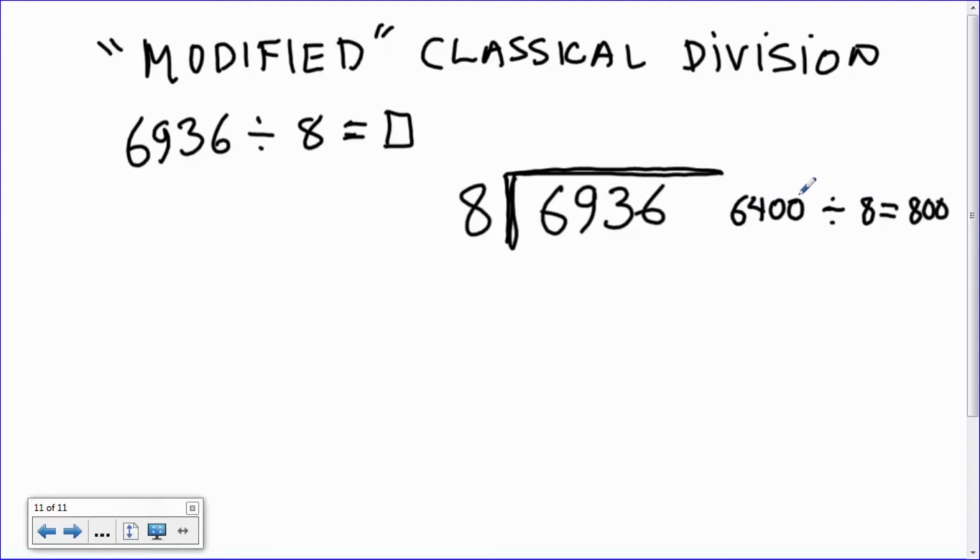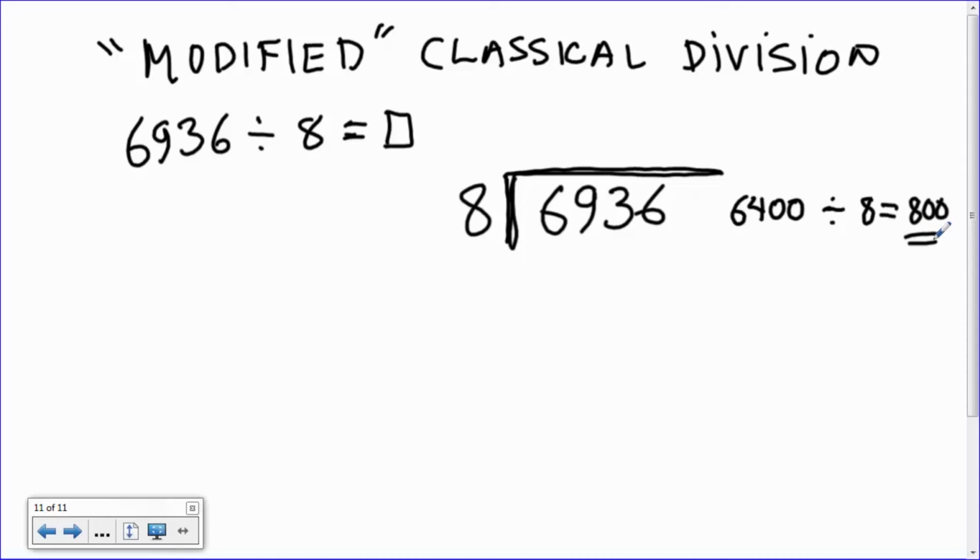And remember, in one of those earlier strategies, I can divide 8 into 100, or I could divide 8 into 64, and then multiply it by the result. So I'm going to choose to divide 8 into 64, which is 8, and multiply it times 100, which is 800. So this is my first approximate quotient.